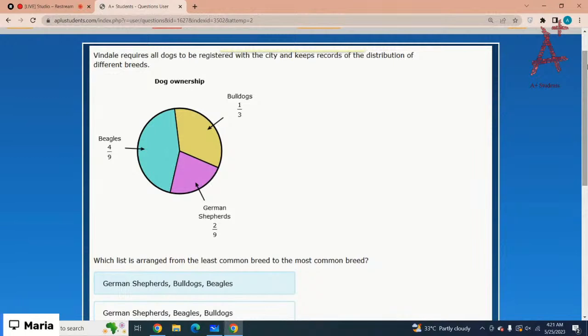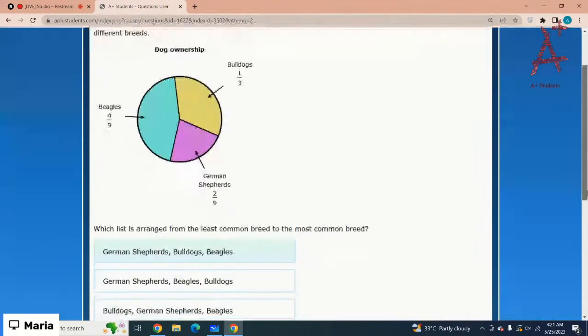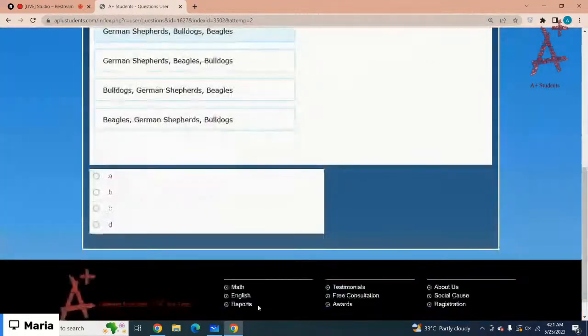You can arrange them by German Shepherd, then Bulldogs, and then Beagles. So I think option B is the correct option.